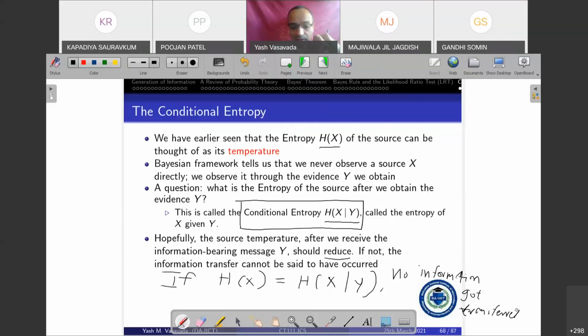Yes. Because you see, what we are trying to do in a communication system is, at the receiver side, we want to know exactly what outcome the source had. Suppose we knew exactly, with 100% belief, with 100% probability, the outcome that the source had, then what will become of this conditional entropy?